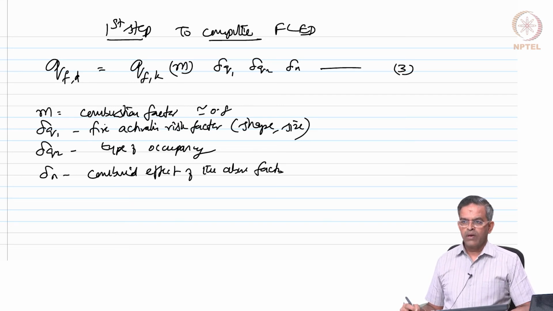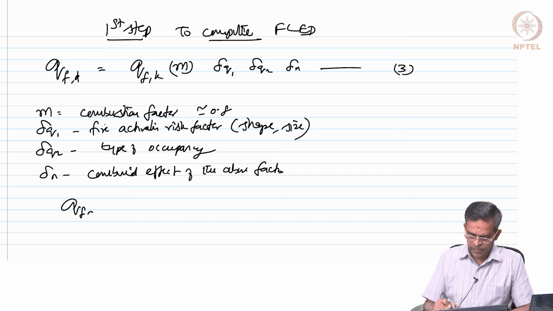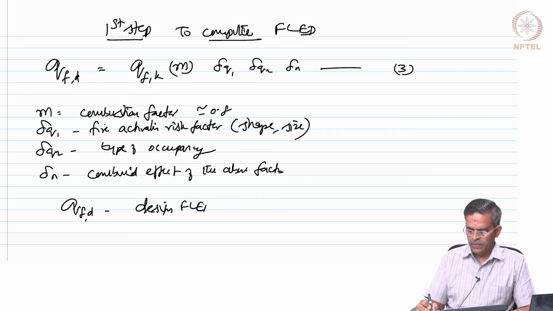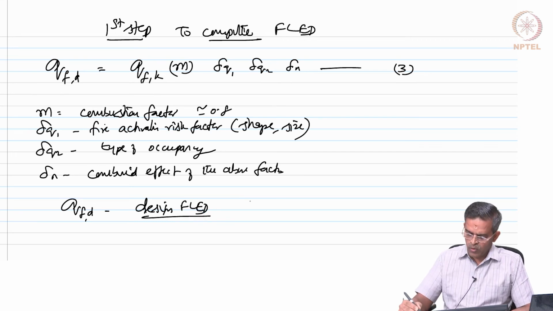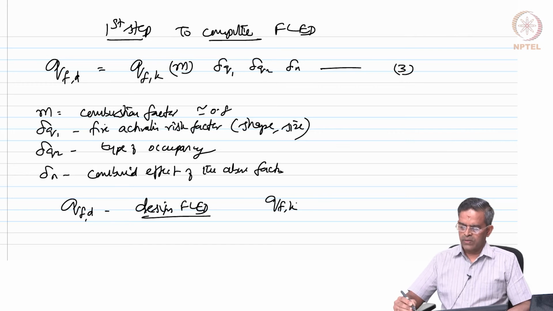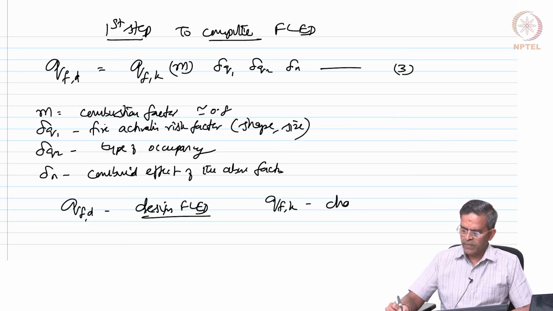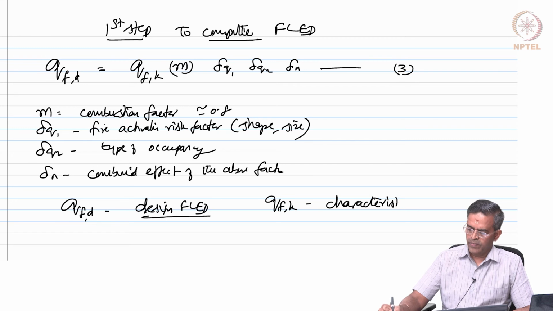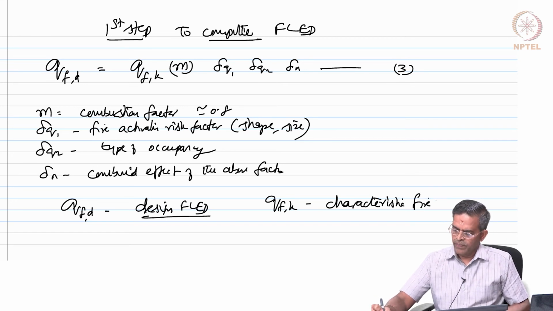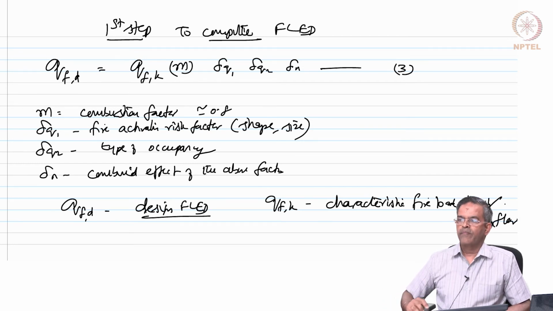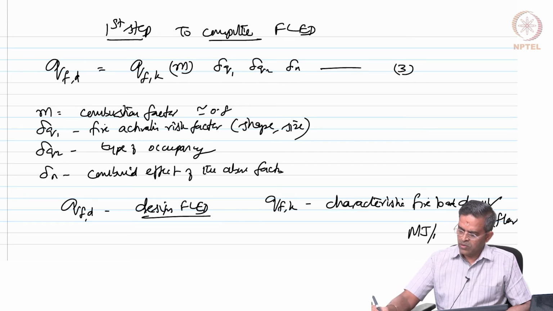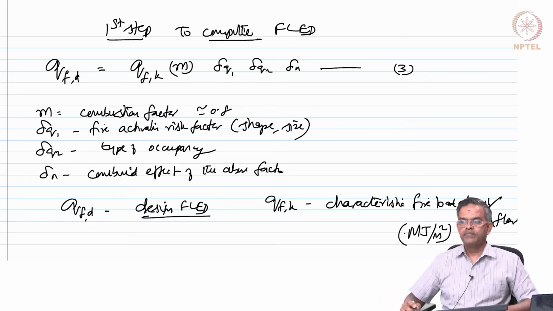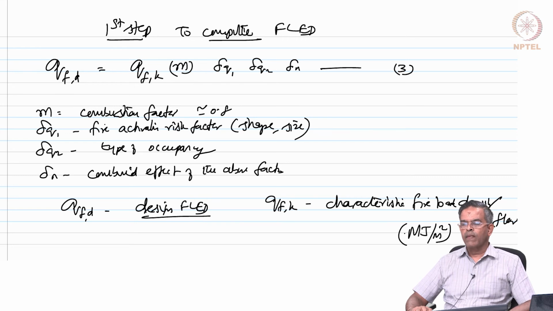Okay. Now, QFD is called the design FLED. QFK is called the characteristic fire load density per area of floor, which will be expressed in megajoules per square meter. Okay.